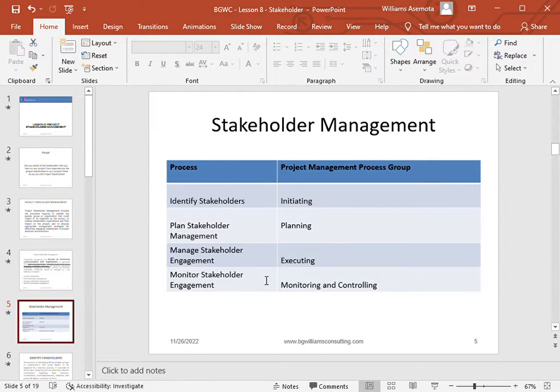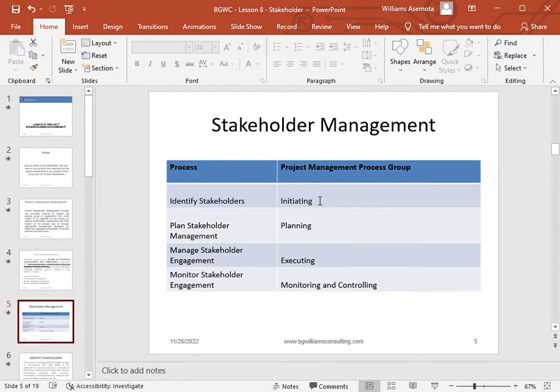Now let's look at the project management process. What do I need to do when discussing stakeholder management? When we need to manage our stakeholders, there are just four basic processes that I must follow as a project manager. The first process is identify your stakeholders. Who are the people that have interest in this project?